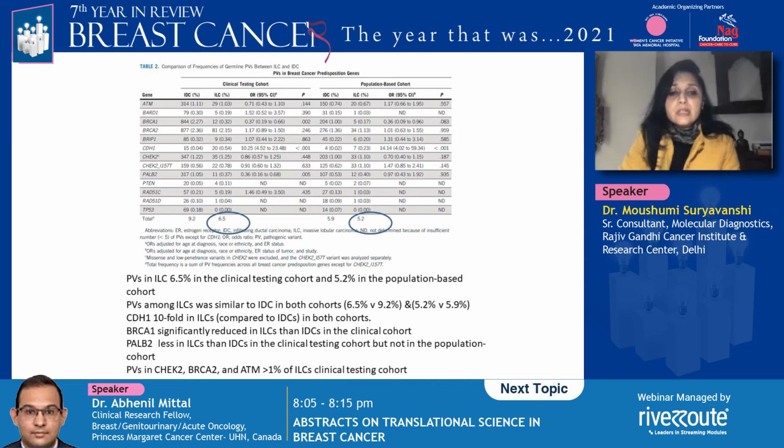BRCA1 was significantly reduced in lobular carcinoma compared to ductal carcinoma. Then PALB2 was seen less in the lobular than the ductal, and pathogenic variants like CHEK2, BRCA2, and ATM had more than 1% population presence in the lobular carcinoma.